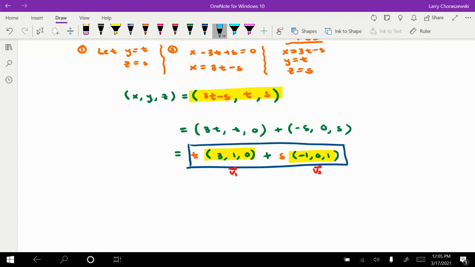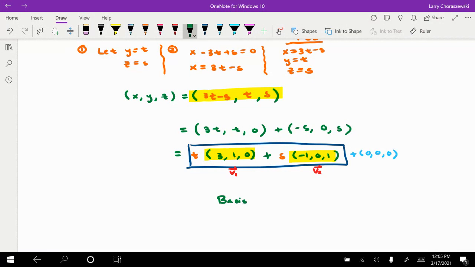If we wanted to go a little further, we could add in the 0 vector from R3, and that would tell us what kind of object this is. This is actually a plane going through the origin, okay? And these two vectors, v1 and v2, build that plane, by virtue of linear combinations of them.